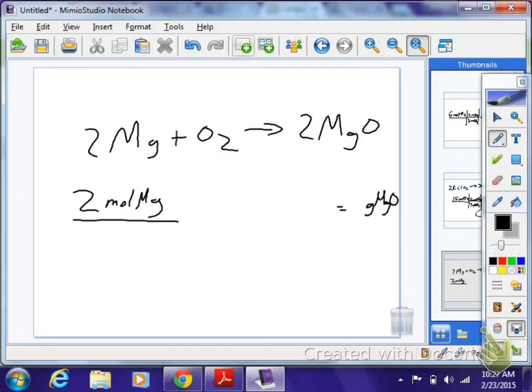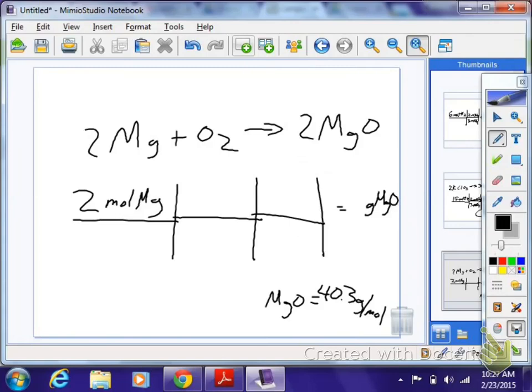I'm going to tell you the molar mass of MgO is equal to 40.3 grams. Okay? So that's the molar mass. So we know it's 2 steps to get there. Let's see if you can get there.